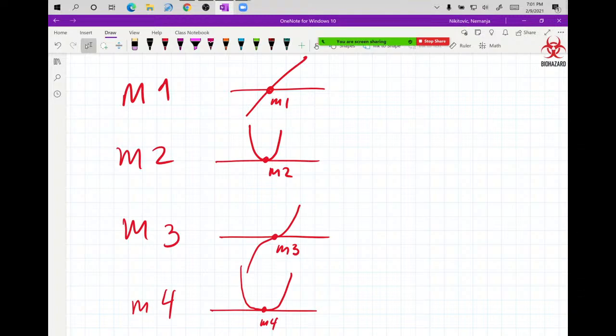But the M3 root that you are going to have is going to be a pass-through. Every odd one is a pass-through. Every even is a bounce. And the number 1, 3, 5, 7 is going to be the fatness, just like 2, 4, 6, 8 is a fatness of it, right? But every single odd one is going to be a pass-through, and every single even one is going to be a bounce.